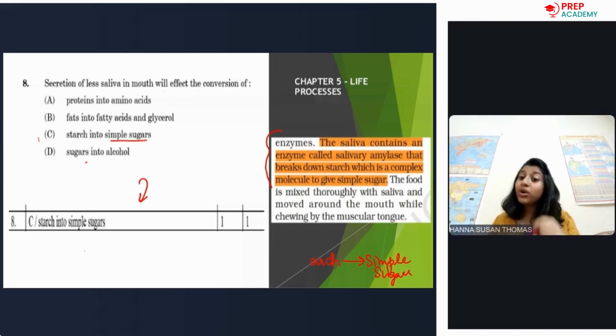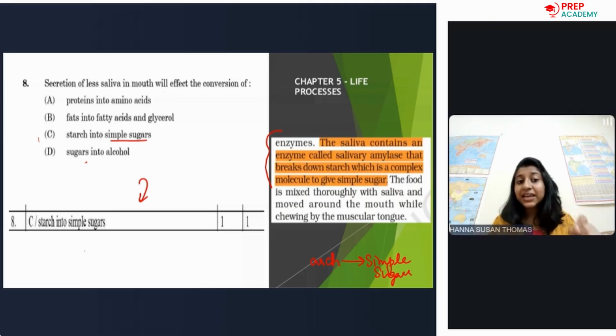You can easily tackle conceptual questions, diagram questions, any type of question, if you thoroughly read and revise from your textbook or reader. This eighth question has been taken from chapter 5, Life Processes. So let's go through the question first.